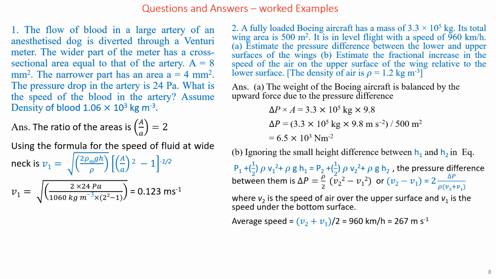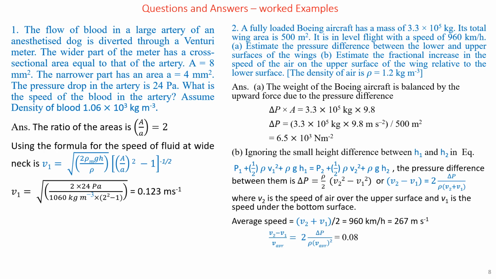So, converting kilometers into meters, that is into 1000, divided by hours into 60 into 60, we get 267 meters per second. You please solve it. That is 960 into 1000 divided by 60 into 60. You will get 267 meters per second.